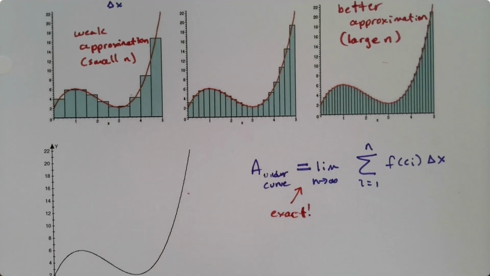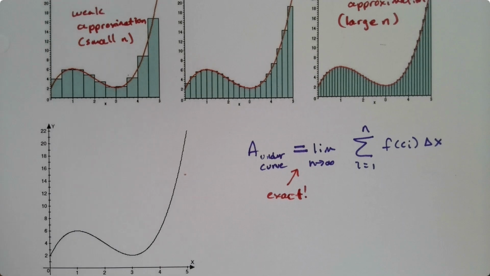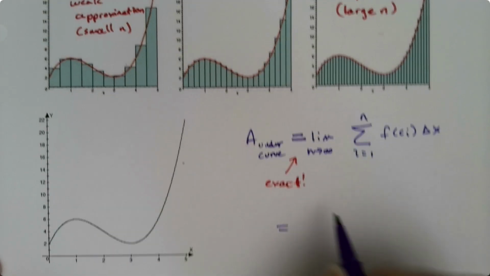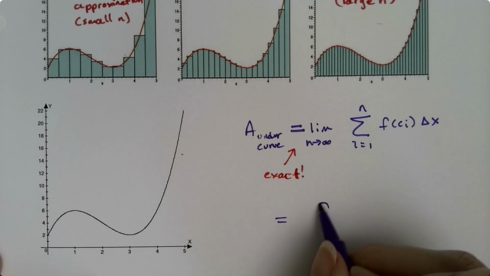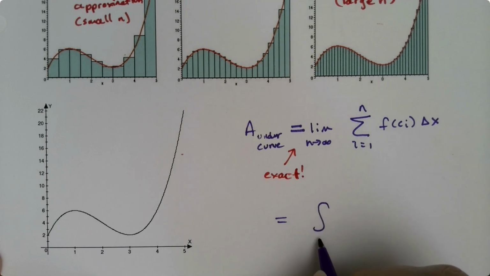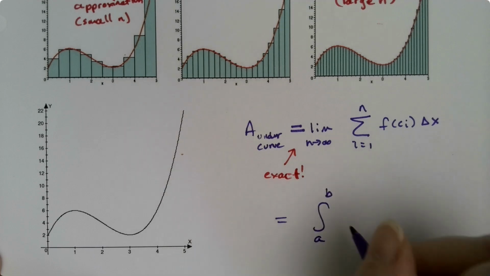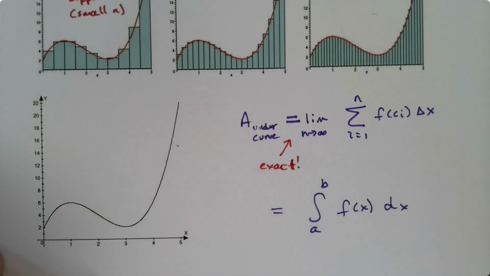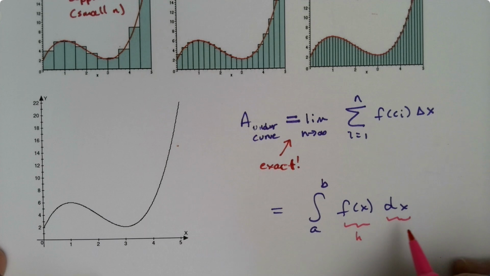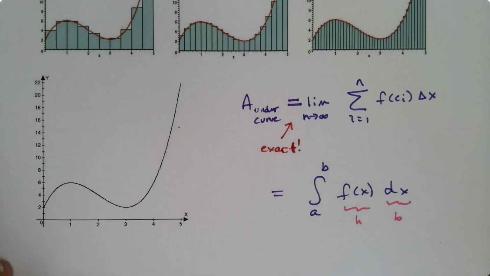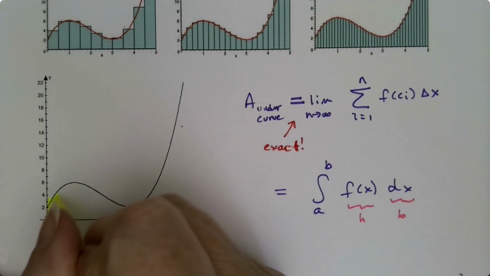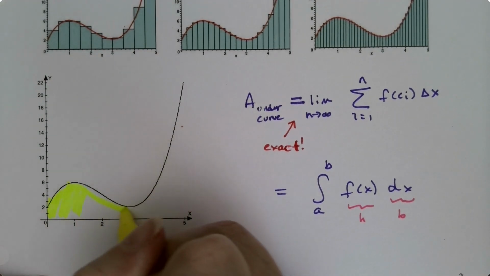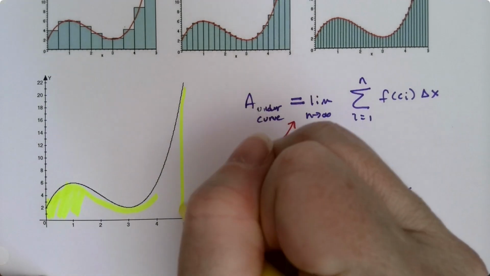And of course, we don't notate it this way. The notation is written as the integral from a to b of f of x, which is our function, dx. But when you think about what you're doing here, this is really the height, and this is the base of a bunch of little imaginary rectangles inside this curve, under the curve between whatever values you're looking at.